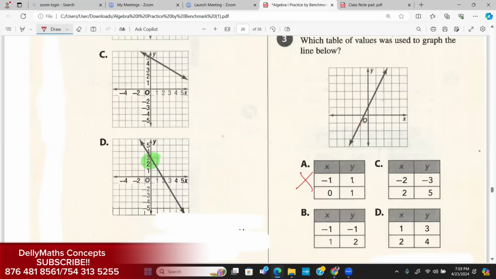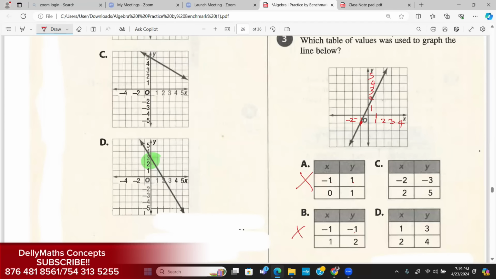So let us check out B, -1, -1. I'm seeing -1, -1 here. 1 with 2, I'm not seeing 1 with 2. So if I should put on some numbers on this quickly so you could see. So this is off. Let us see. -2 with +2, right?